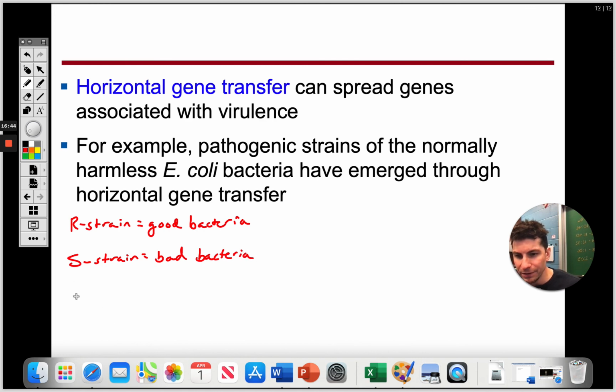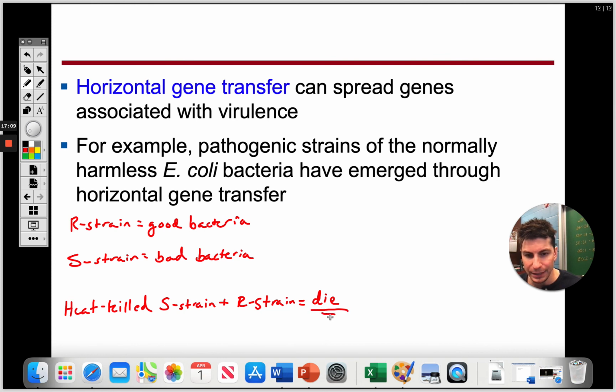And they found that if they heated the S strain bacteria, it pretty much killed the bacteria, and the bacteria did not kill us as long as it was heated. But they also found if they mixed some heat-killed S strain plus some regular R strain, that it would die. But each one of these things separately, no problem.